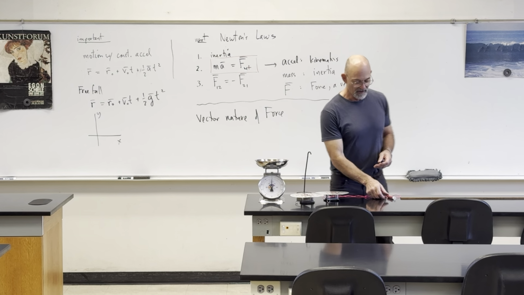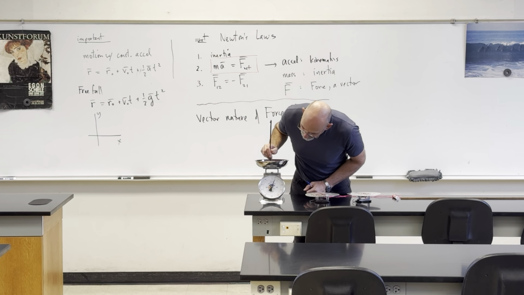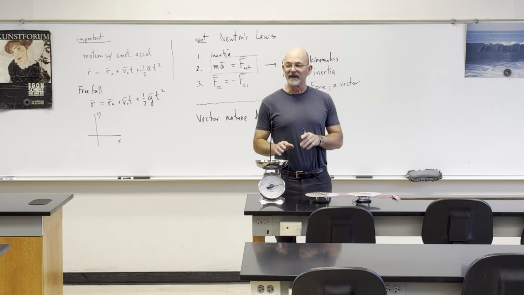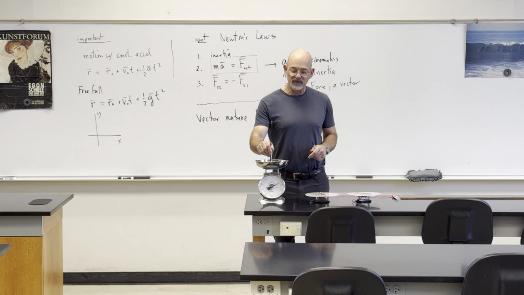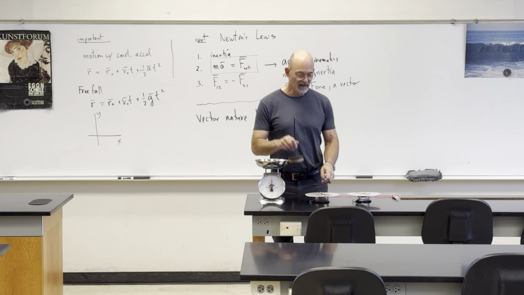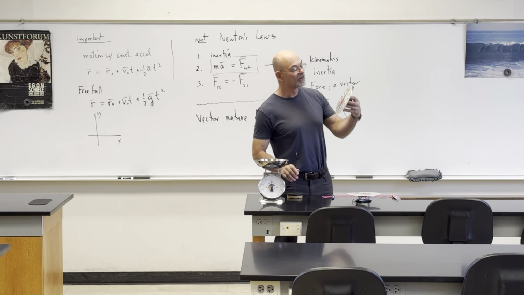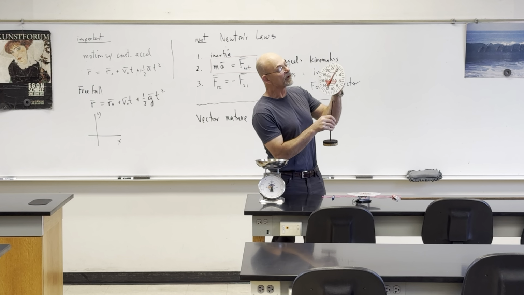What else do we have here? So I brought these scales, and I dropped this on here, and it reads roughly 10. If that's a kilogram, of course we know it's going to be 9.8, right? So roughly 10 newtons. And I've got these two spring scales, and let's see if they do the trick too.